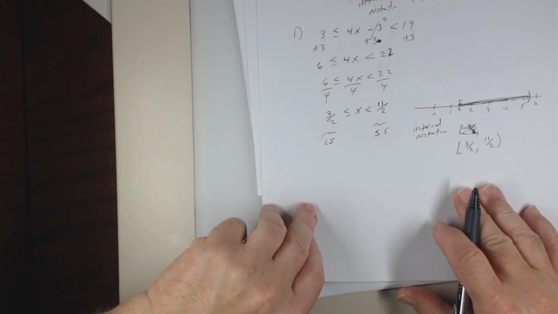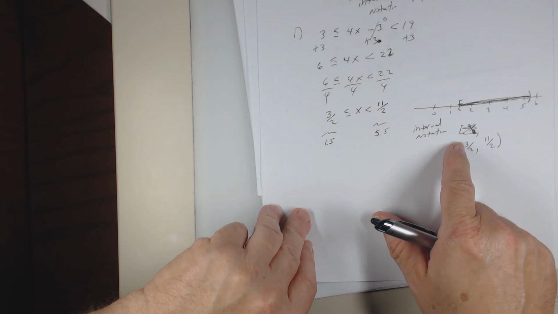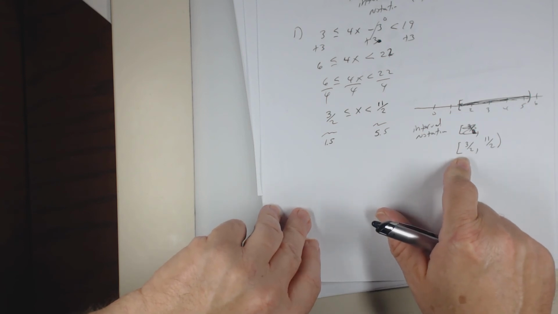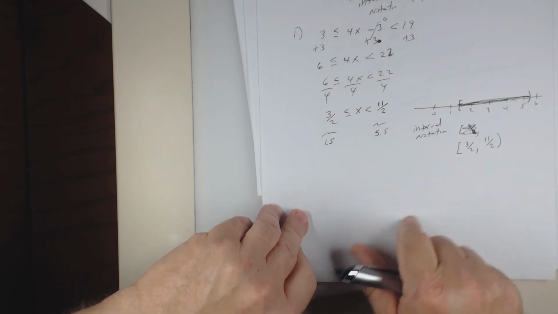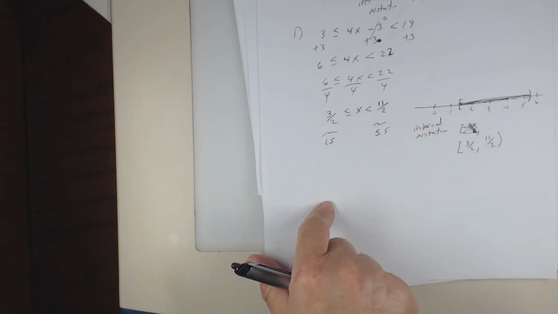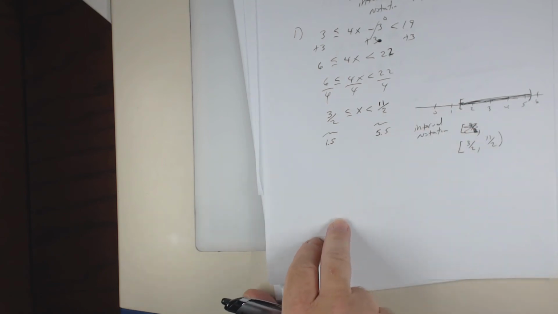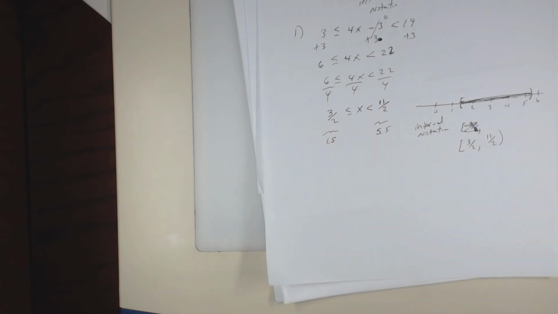Now you could have put 1.5 because 1.5 terminates, but if this was, let's say, 1/3, 1/3 doesn't terminate. That's 0.3333, so you don't want to use a decimal. I just use a decimal to help me determine where to put it. But when you write it out, actually use the fractions.